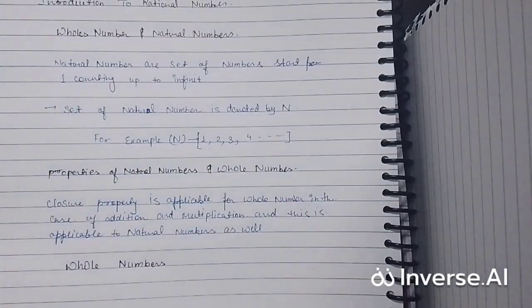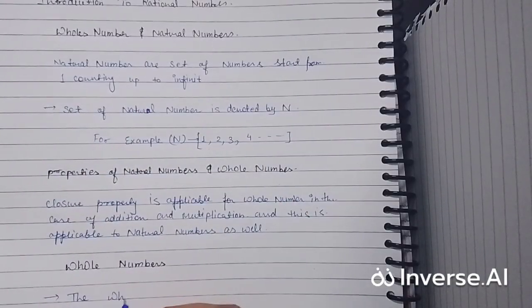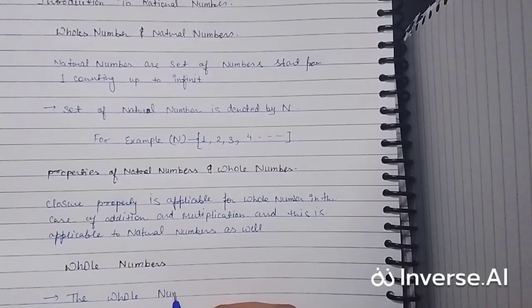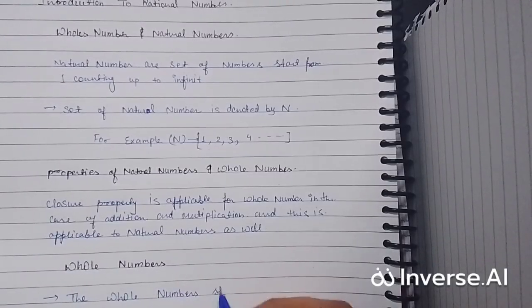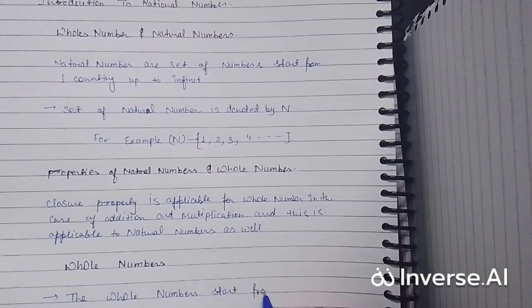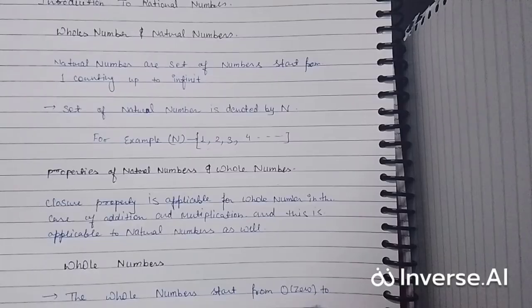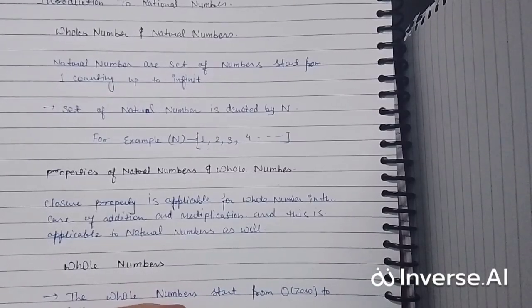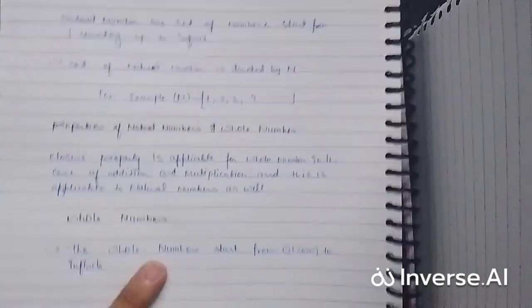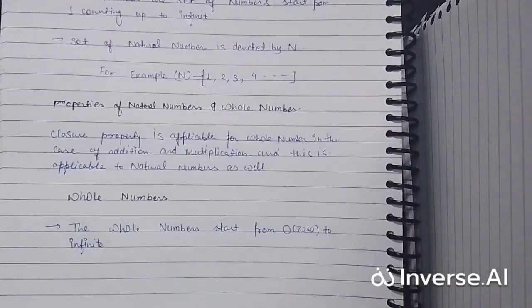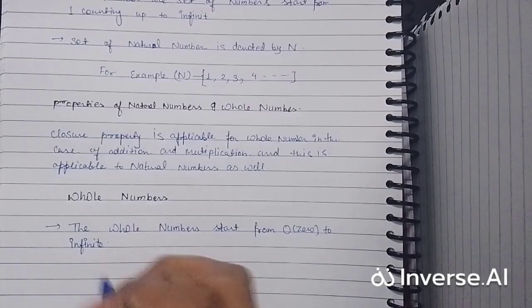In natural numbers, the numbers start from 1, and in whole numbers, they start from 0 to infinity. So basically, they are natural numbers with 0 added to the set.